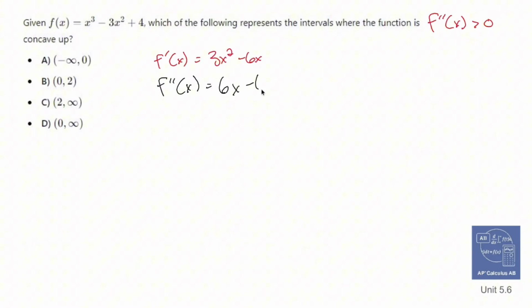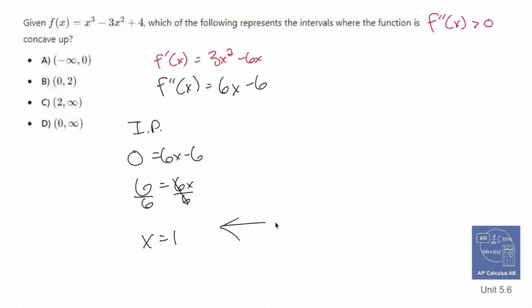f double prime of x is going to be 6x minus 6. Now we have to find our inflection points, and that's done by setting it equal to 0. So 6x minus 6 equals 0. Add 6 to both sides, divide by 6, and my inflection point is x equals 1. Remember, inflection point means a change in concavity.